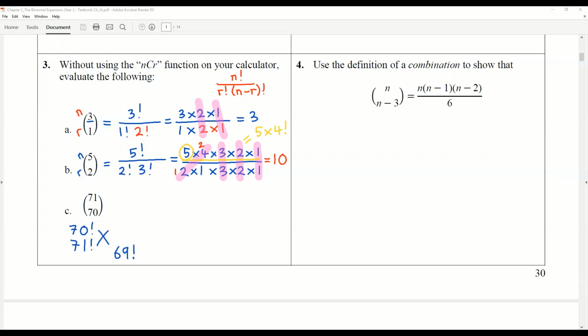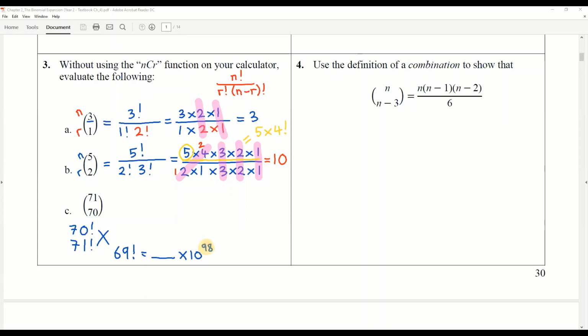The reason is that 69 factorial is some number multiplied by 10 to the power 98, I think. Now, 70 factorial would take the power 98 basically over the edge. It would make it over 100, and your calculator can't cope with that. So 71 choose 70 wouldn't be feasible on your calculator. So we need a better way of doing it.